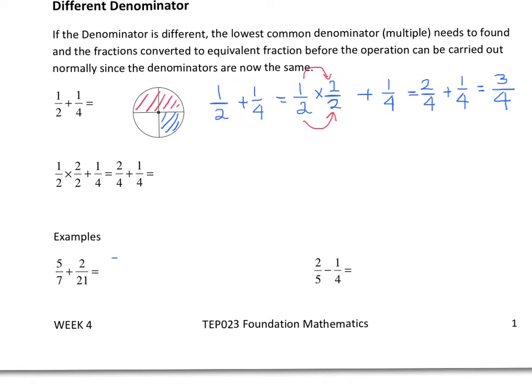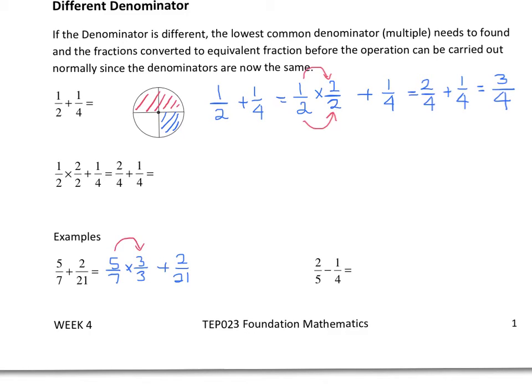And so we'll have to multiply 5/7 by 3/3, because 7 times 3 will give us the equivalent fraction out of 21. Don't forget it's an equal sign, so everything that's on one side of the equal sign also is on the other side. Now we can multiply through.